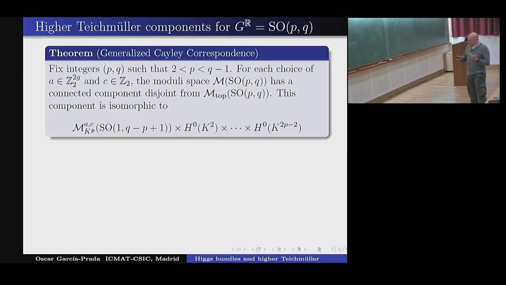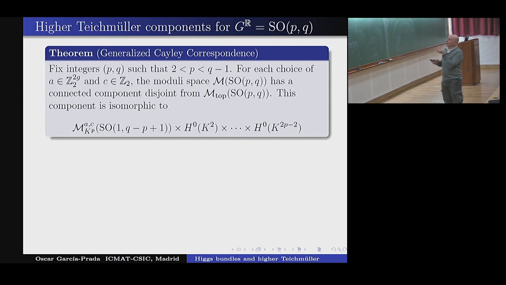And how do they manifest? They manifest, similarly to the Hermitian case, as a sort of Cayley correspondence. What we prove is that for each choice now of these, now you just have two invariants, a and c.